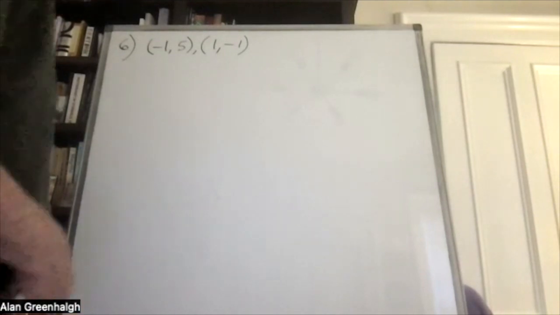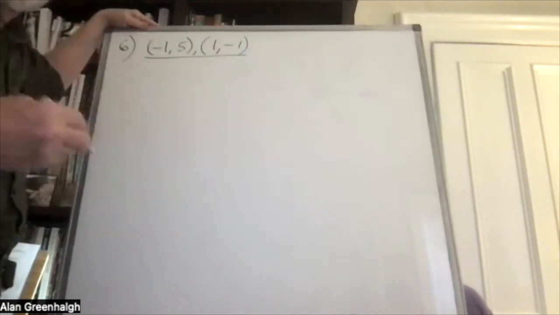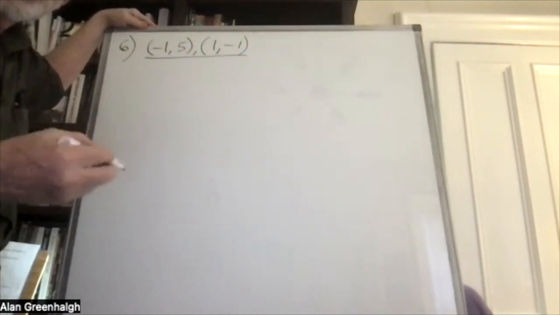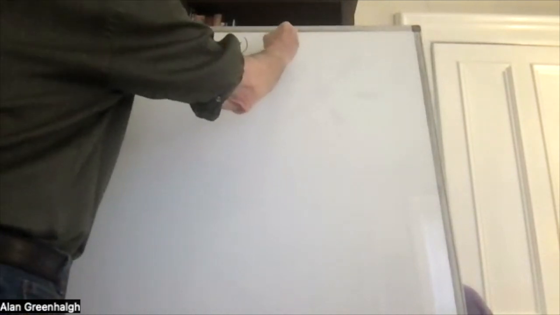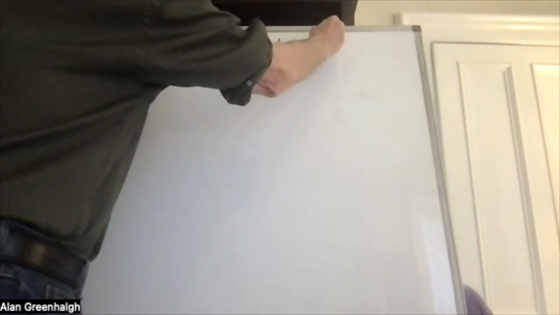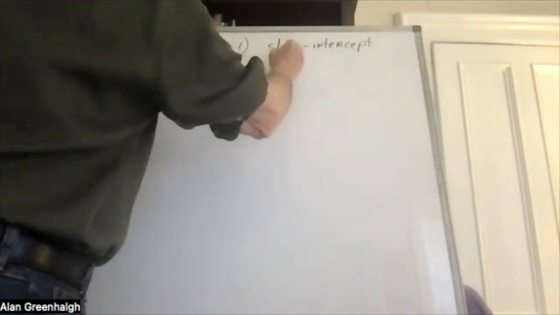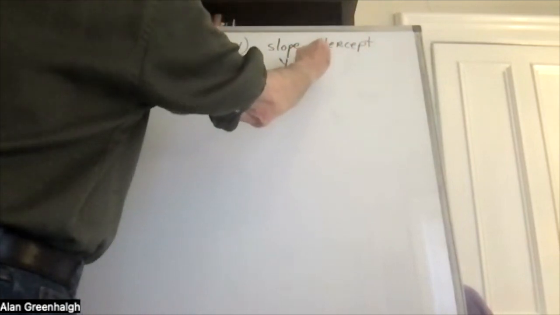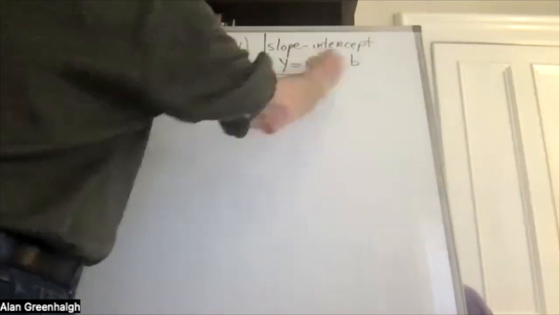So not only find the equation of the line, but there are different forms of an equation you could write. We're using something called slope intercept, which is y equals mx plus b. This is important.